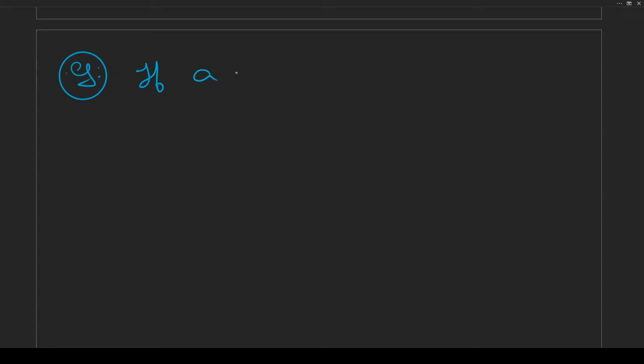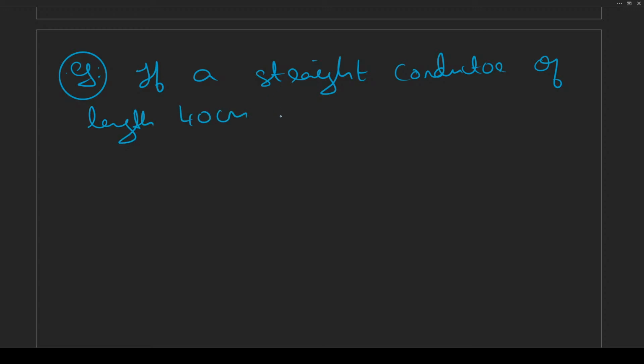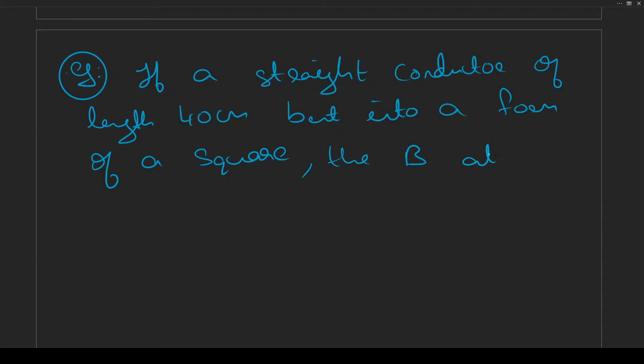If a straight conductor of length 40 centimeter is bent into the form of a square, then find the magnetic induction B at the center of the square.